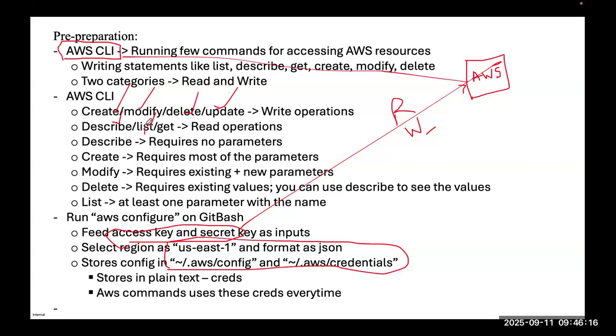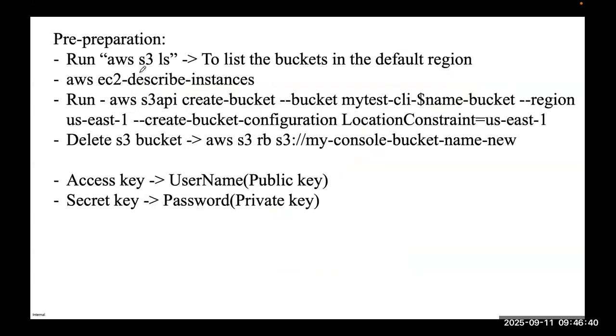List and get are mostly for a specific resource that you are trying to list. So describe basically does not require many parameters. You can just simply do a describe and it will give you all the resources available for that particular service. For example, here, list is also kind of a list everything.